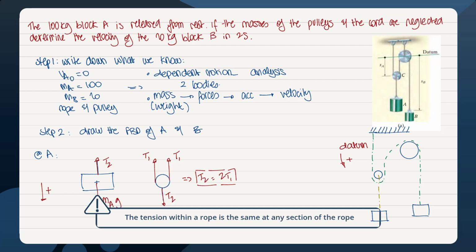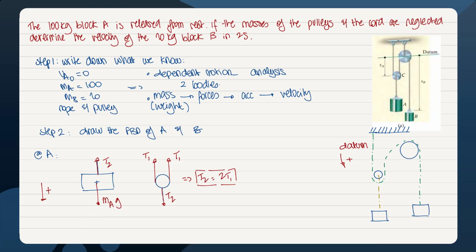What's also important to note is that whenever you're dealing with a single rope and you cut it in half, as we're doing here by splitting the pulley setup and the block A, the tension exerted from one side is equal and opposite in direction to the tension from the other side. So we can write down here that the tension T2 exerted on the pulley is downwards, while the tension T2 exerted on block A is upward.